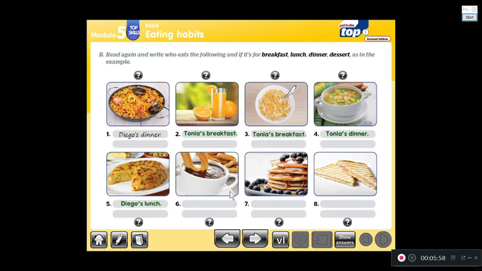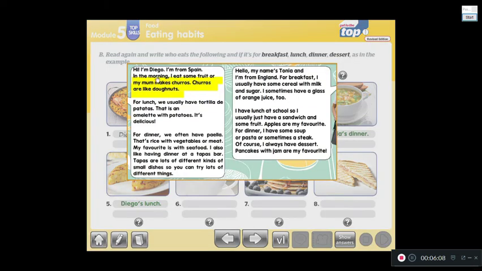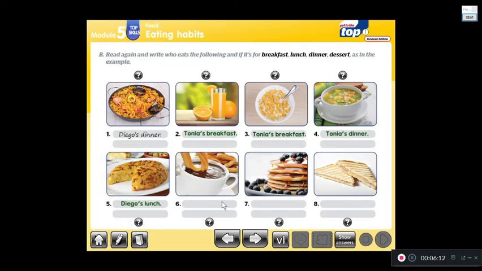These are the churros. In this case, this is gonna be Diego's breakfast, lunch, or dinner, or maybe dessert. Let's remember, we're gonna have in the morning. So he is referring to the breakfast. So this is gonna be Diego's breakfast.